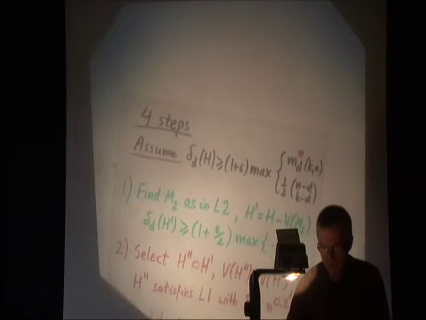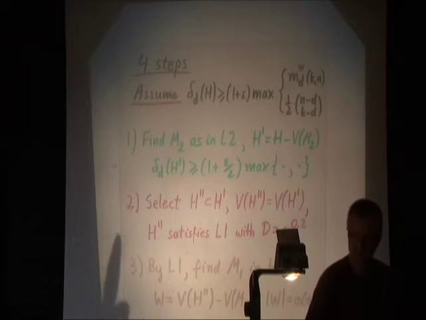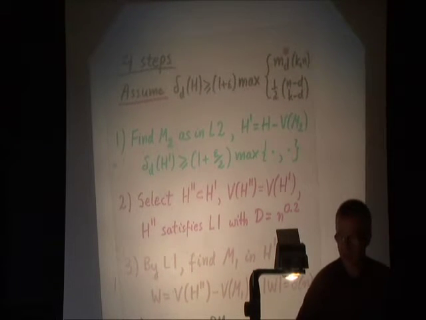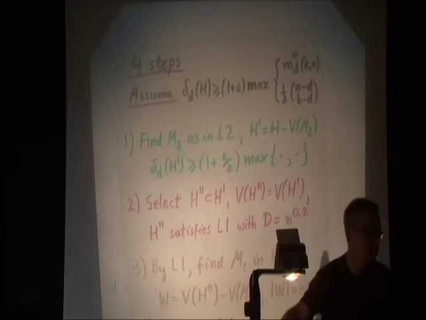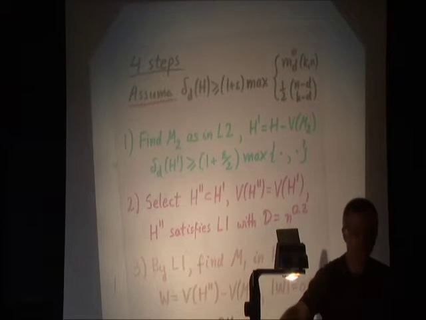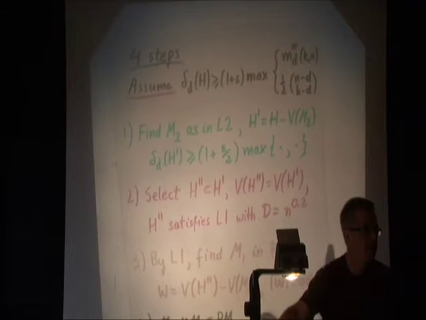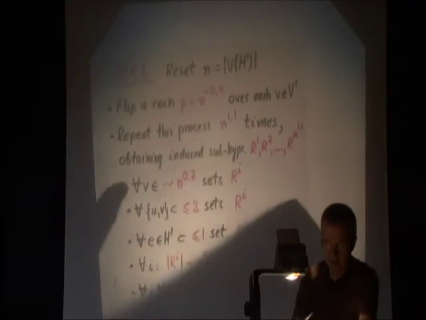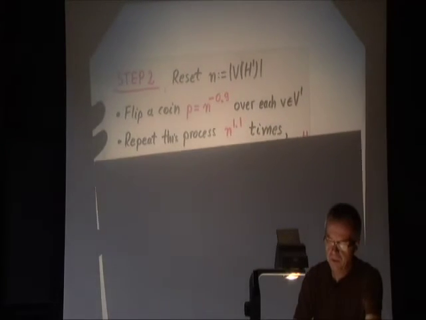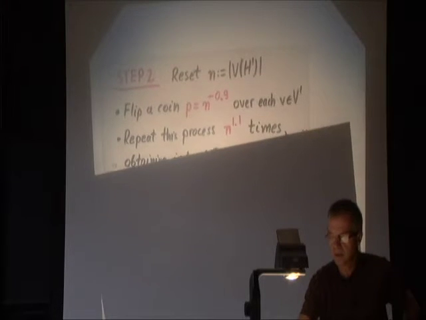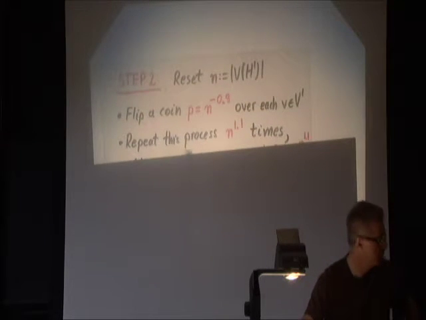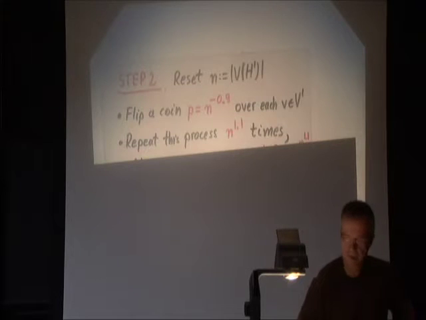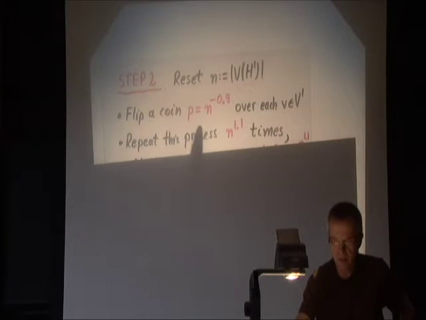So this point 2 requires some explanation, how to find such an almost regular sub-hypergraph inside a given hypergraph. This is about step 2. What we do is flip a coin, with a small probability p, over each vertex.